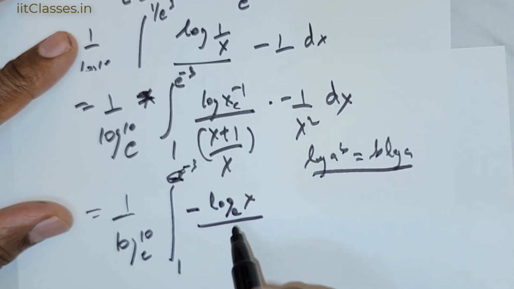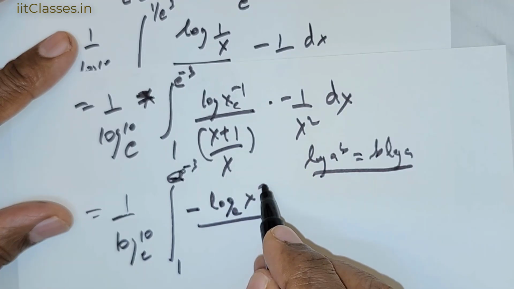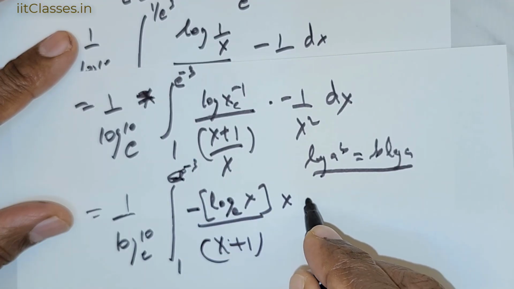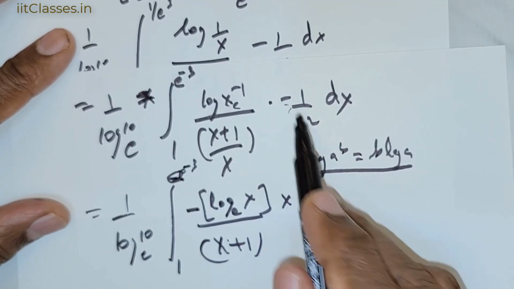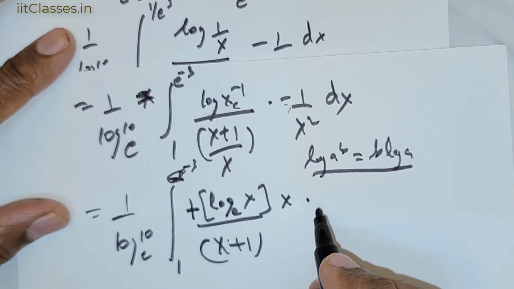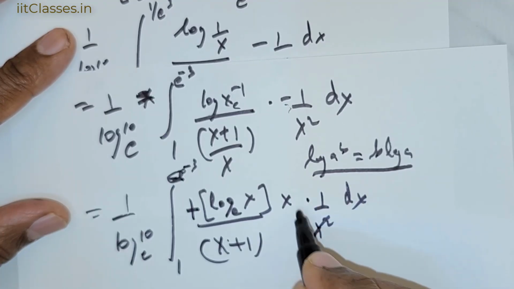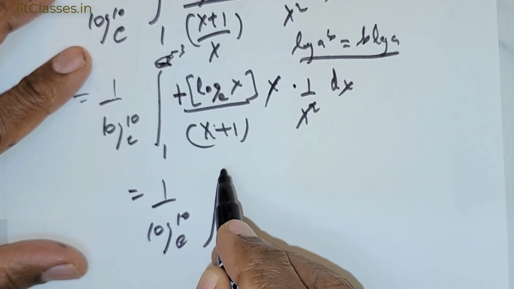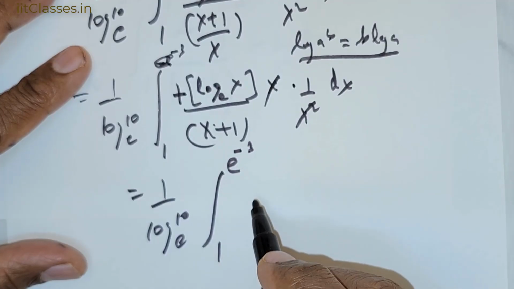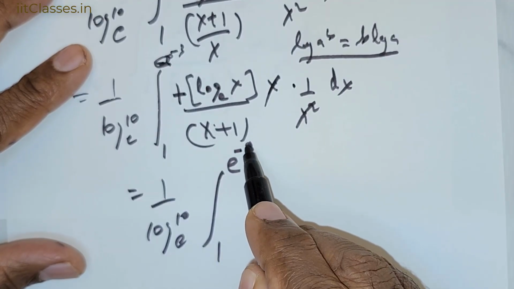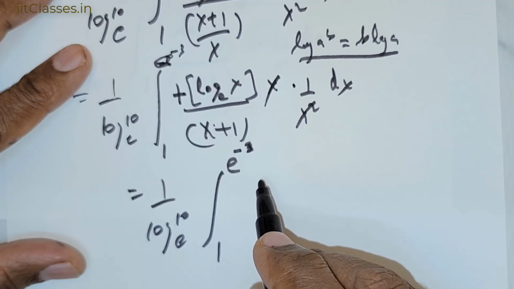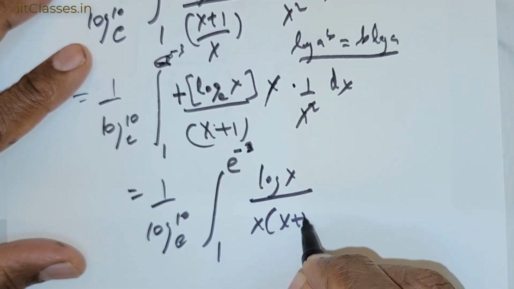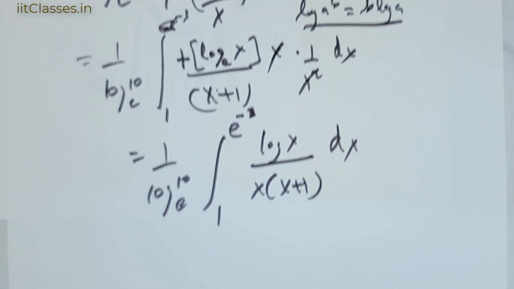Divided by, I'm flipping this, x over x plus 1, and there is already a negative sign, so that will become positive here. There's 1 over x squared times dx, so x and x get cancelled, giving you 1 over log 10 to the base e, integral from 1 to e raised to the power of negative 3 of log x over x times x plus 1, times dx. So this is what we got.